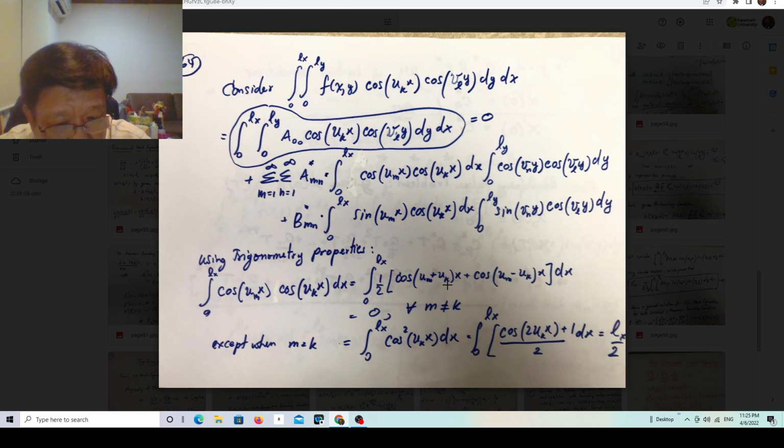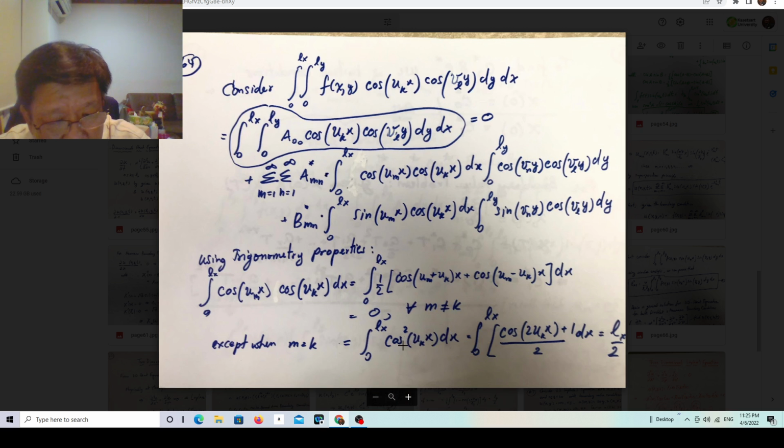So except when m is equal to k, the first term is 0, but the second term becomes the integral of this one x divided by 2 dx. So except for m equal to k over here, when m is equal to k, mu m and mu k, you get this one. Suppose that v sub k is equal to u sub m, m is equal to k. It is both u sub k times cos square of u sub kx, because both terms are the same function.